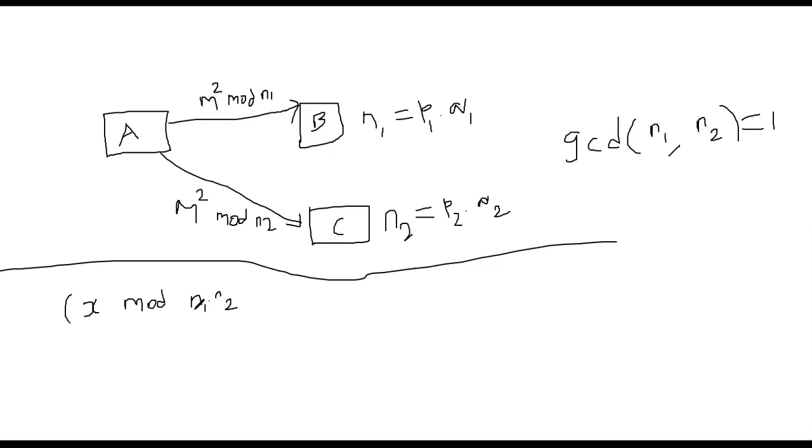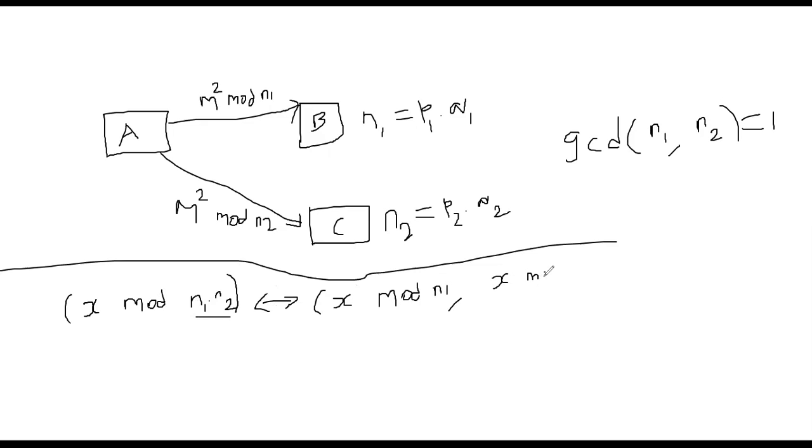So in that context, we're going to apply the Chinese remainder theorem, which says that more generally, given a number X mod N1 times N2, we can map it to the first group, X mod N1, and X mod N2.